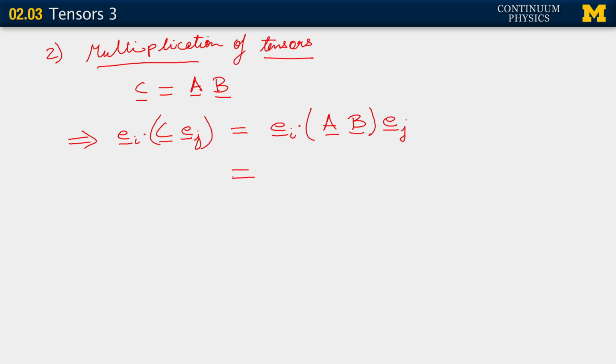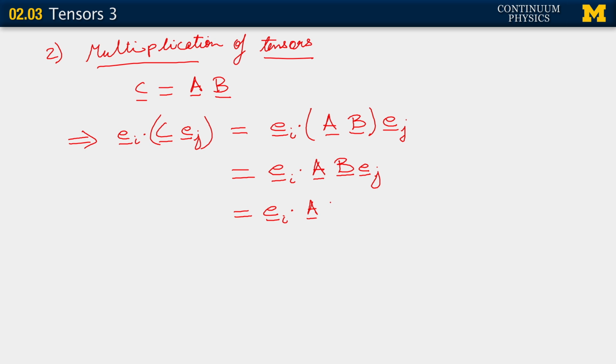To proceed from here, we can now write the right-hand side as EI dotted with A acting on B EJ. Now we recognize that B EJ is a vector itself.